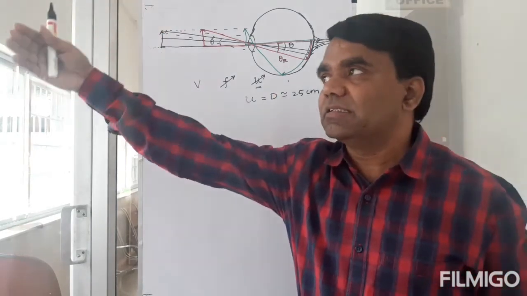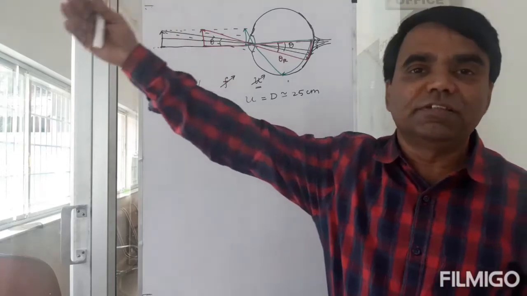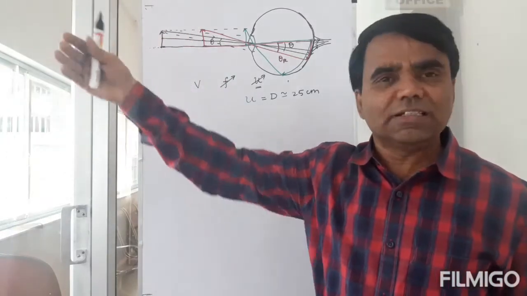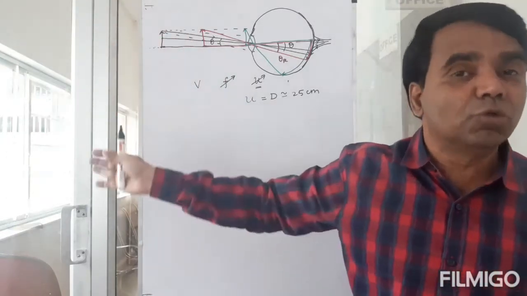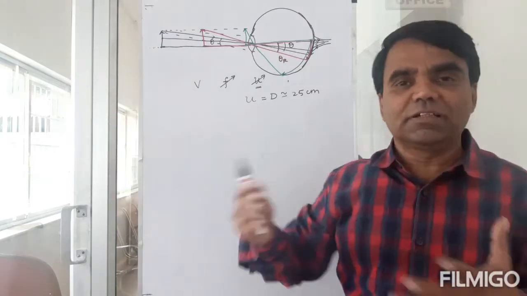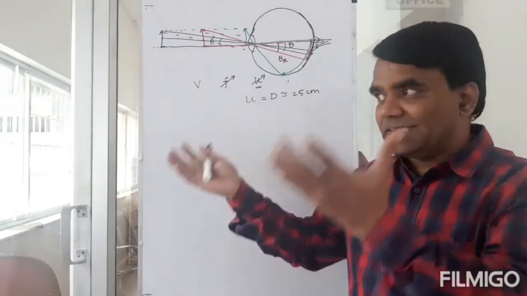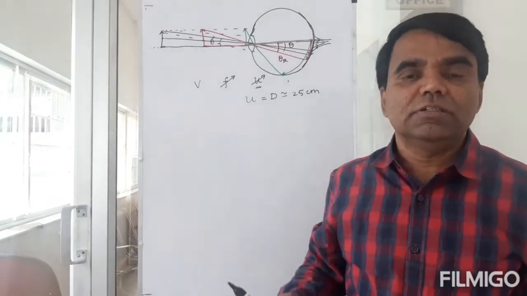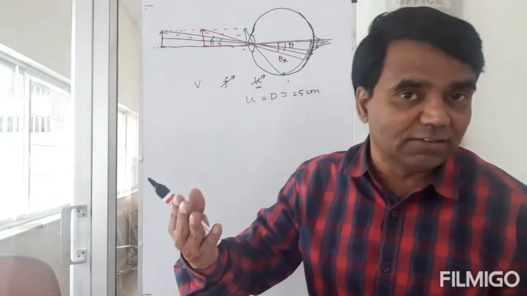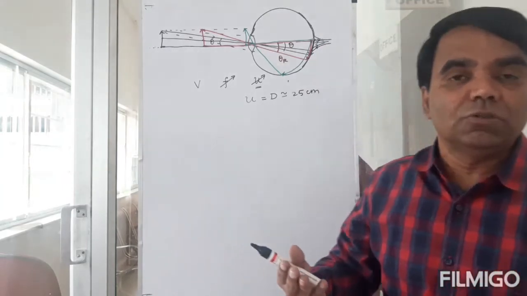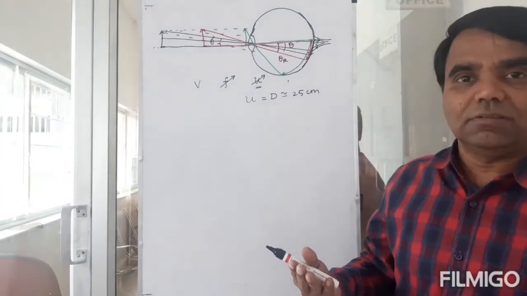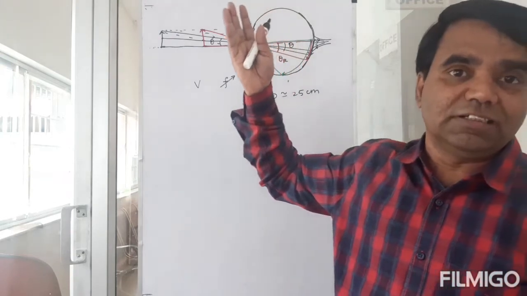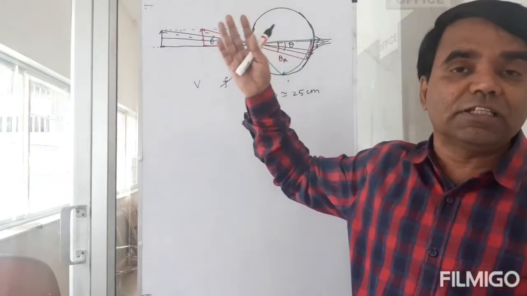So at that distance, my u can be infinity, right? I can even see the sun, and I can see the moon. They're almost at infinity. The moon is 4 lakh kilometers away from me, and I am able to see it clearly. I can see the stars also, which are much farther away than the sun.